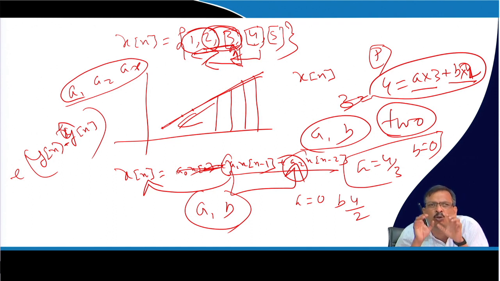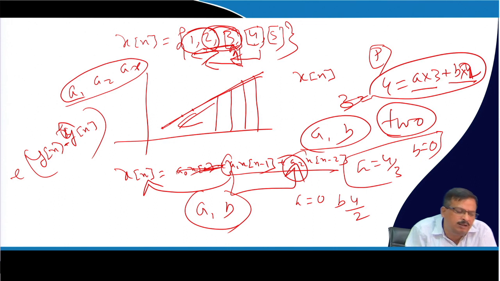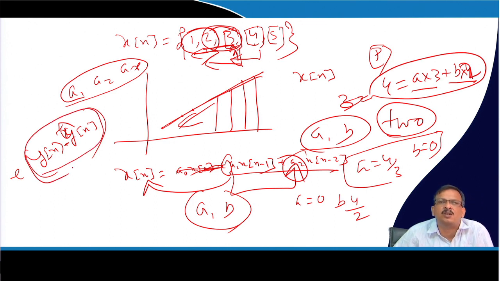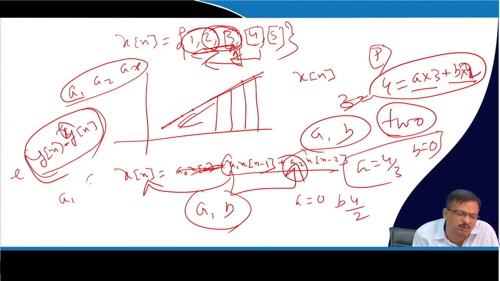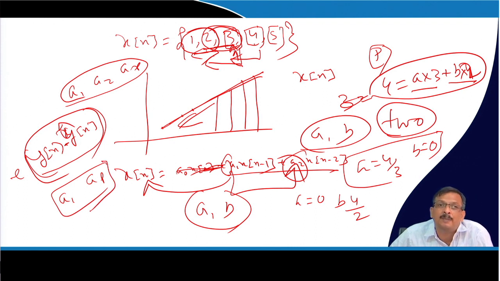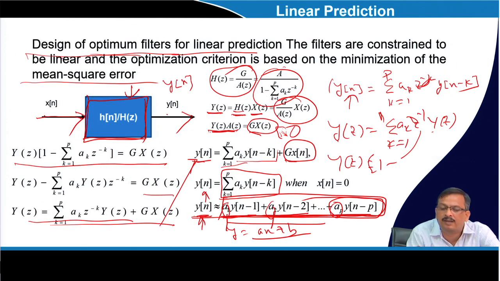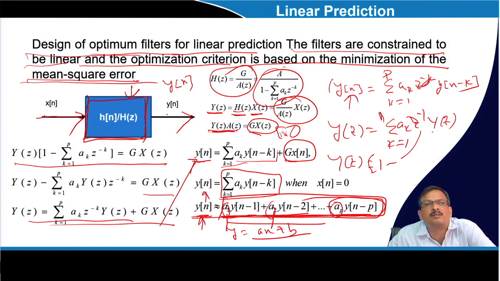I want to choose those coefficients which give me the minimum error. So, the coefficients of the linear prediction filter a1 to a p can be found by minimizing the prediction error. That is why it is written like this: the filter is constrained to be linear and the optimization criterion is based on minimizing the mean square error.